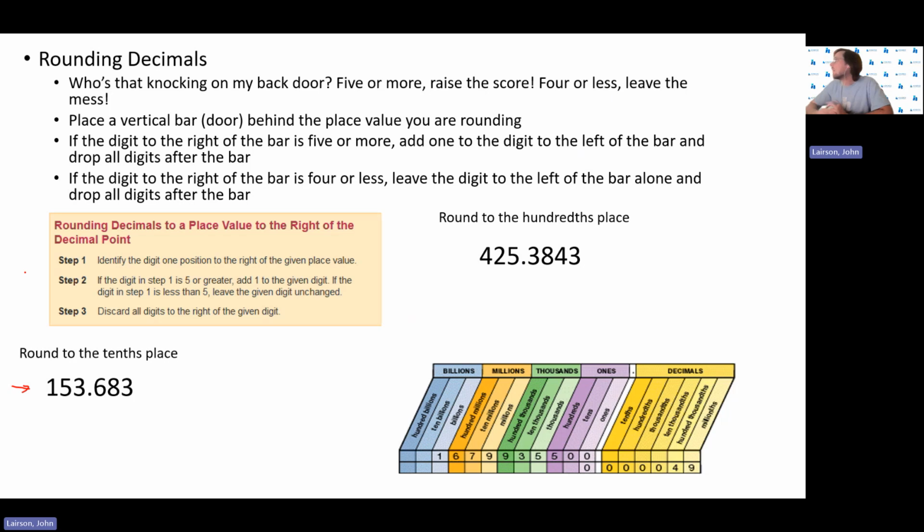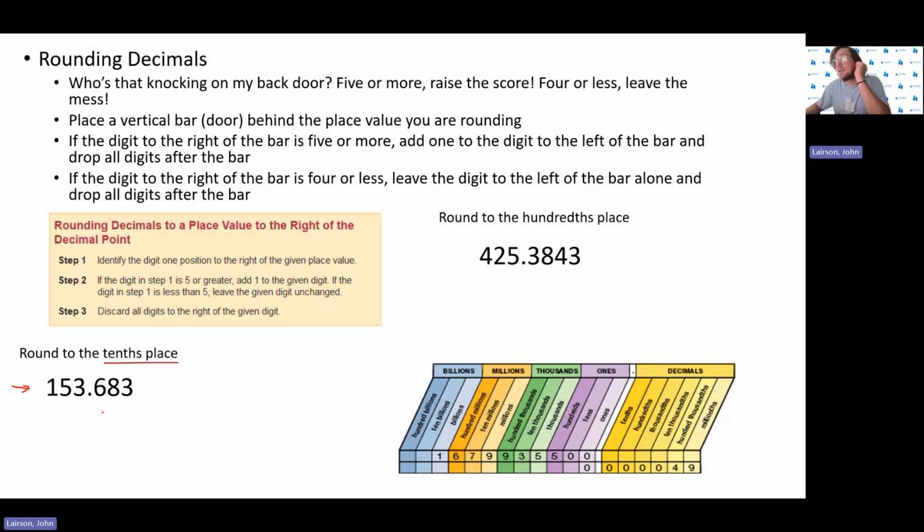So the little shortcut where you're counting the digits over tells you how many zeros in the 100. It gets a little bit more complicated when you're talking about this because it's going to tell you to round to the 10th place. So I need to know where the 10th place is. The 10th place was the first decimal digit to the right of the decimal, right? So this 6 here in this case is the 10th place.